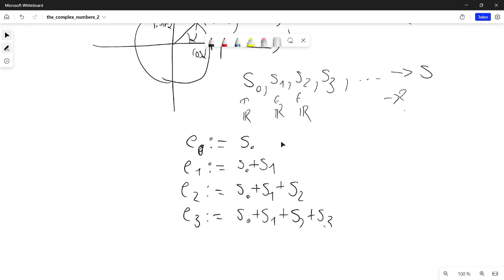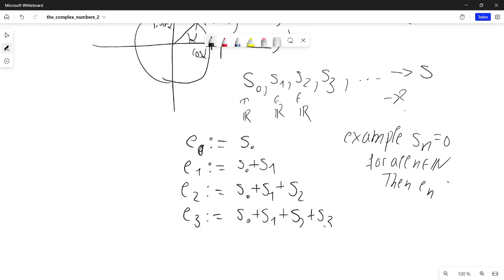Now, it could turn out that this sequence converges. A very simple example: our sequence is just constant 0. Example: sn is equal to 0 for n an element of the natural numbers. I will write it out since you probably don't know this notation. en converges, of course.